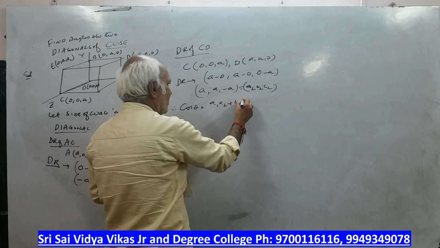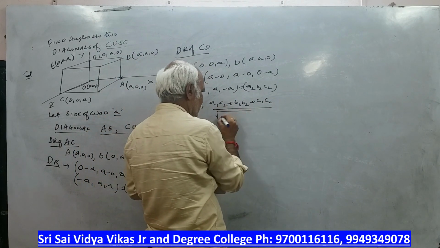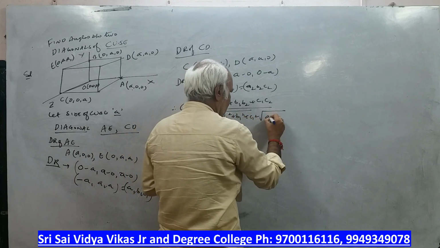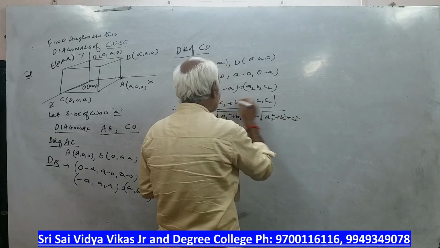Cos theta equals modulus of A1 A2 plus B1 B2 plus C1 C2 by root of A1 square plus B1 square plus C1 square, times root of A2 square plus B2 square plus C2 square.